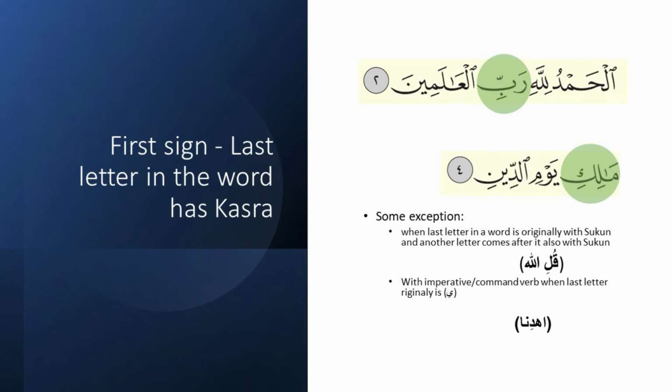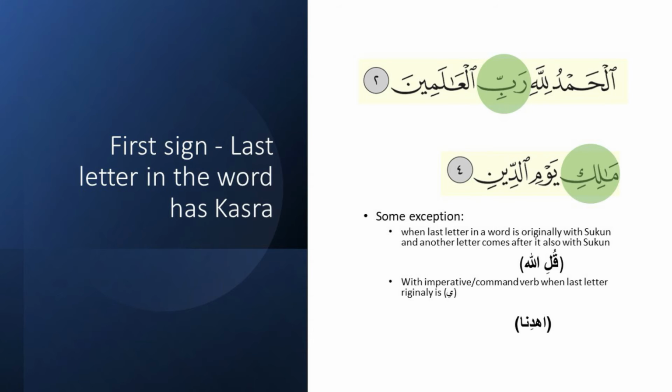So this may be a bit confusing, because now how would we know that? Well, if you put the other indicators of the noun, you would notice that none of them would work. So for example, if you added al, alif lam, al-ihdina, it doesn't work. There is nothing like that. You can't find any word in the Quran or anywhere in the Arabic language that is similar to that.